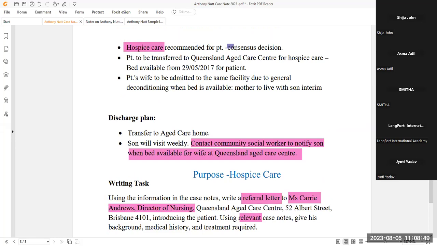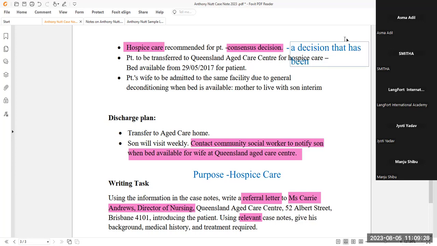Can I ask you something? What is the meaning of this consensus decision? What does that mean? According to the patient consent? Not exactly. Consent is there, but not only from the patient. Whenever we say consensus decision, it means a decision that has been agreed upon by everybody involved.